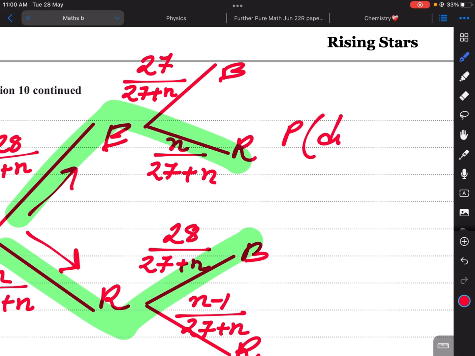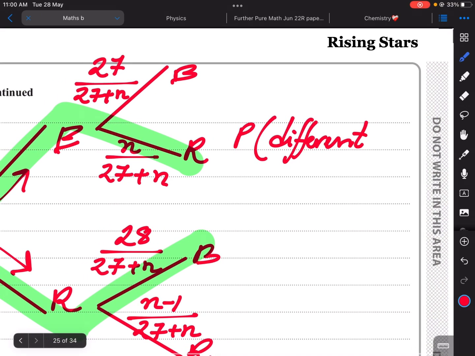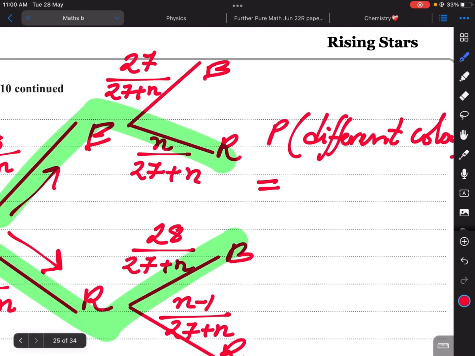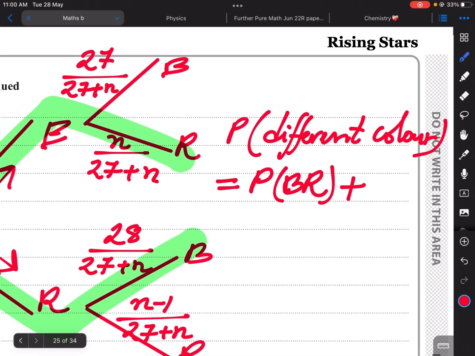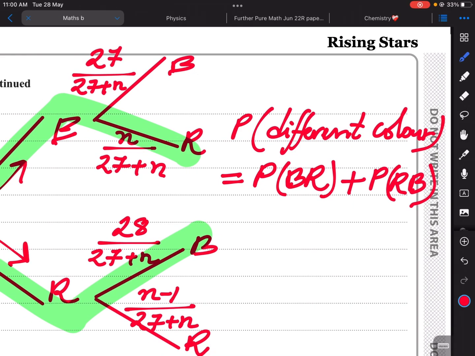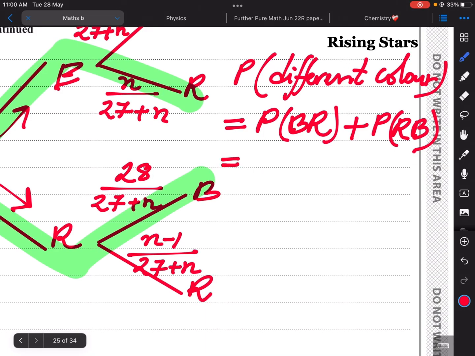So let's try to do this. The probability of getting different colors is equal to the probability of blue and then red, or red and then blue. Remember, or means plus, so we have to add them, since either one can happen. So what's blue red?